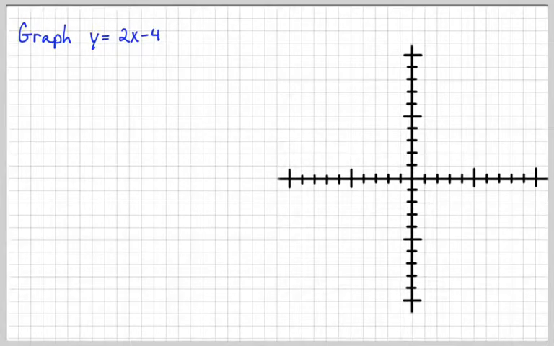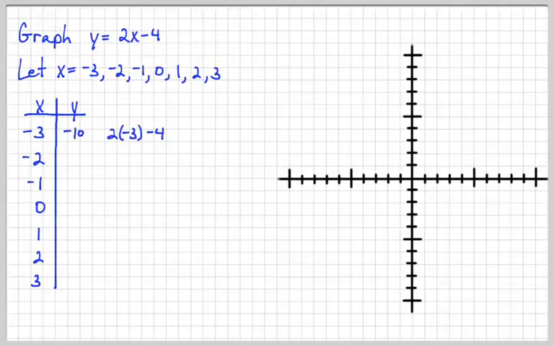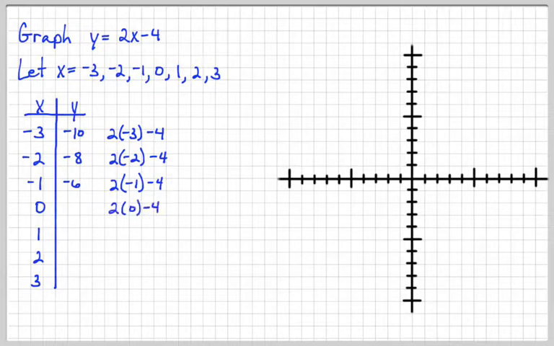And one more. Let's do y equals 2x minus 4. So it's all the same usual suspects for our x values. And we'll plug negative 3 in here. 2 times negative 3 minus 4 makes negative 6 minus 4, which is negative 10. 2 times negative 2 minus 4 makes negative 4 minus 4, which is negative 8. 2 times negative 1 minus 4 makes negative 2 minus 4, which is negative 6. 2 times 0 minus 4 makes negative 4.